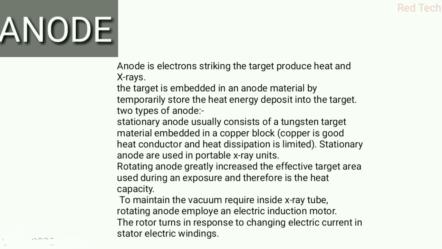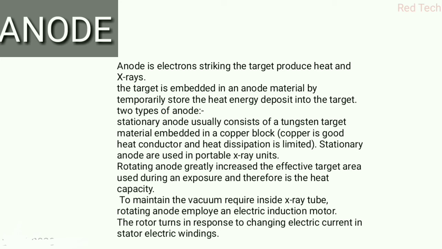So now look at the stationary anode. A stationary anode usually consists of a tungsten target, as we know about the tungsten material, embedded in a copper block, because copper is a good heat conductor and heat dissipation is limited.